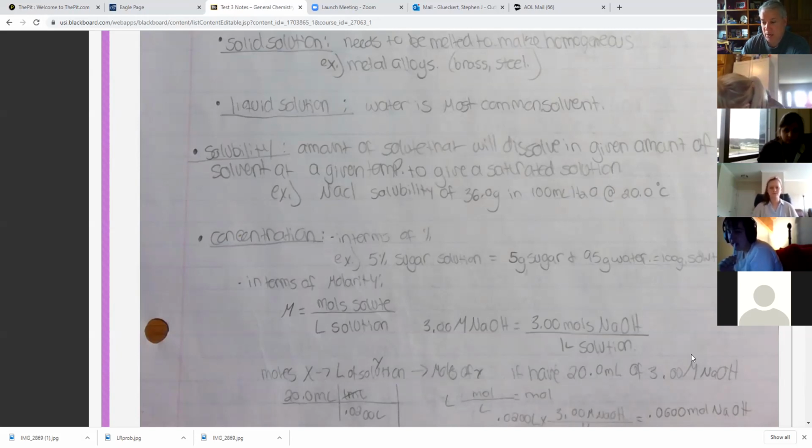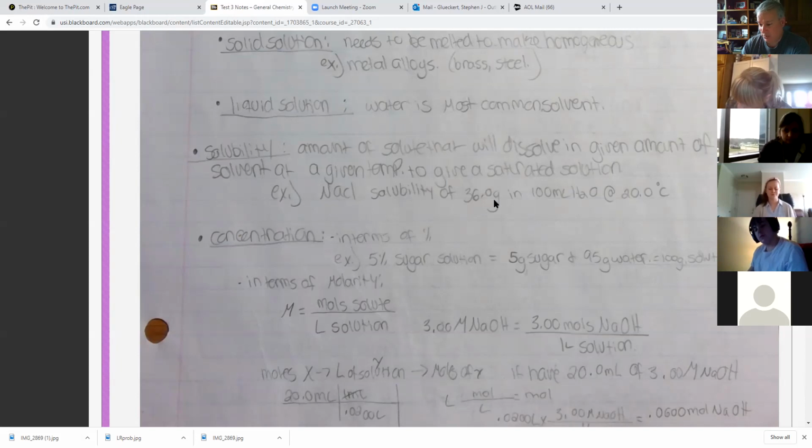Now, if I can get 36 grams of sodium chloride to dissolve per 100 milliliters at 20 degrees Celsius, I can also have a solution that has 1 gram or 2 grams or 3 grams or 4.976 grams.